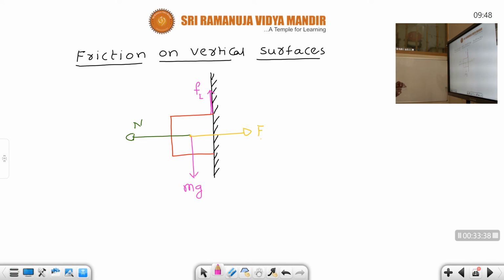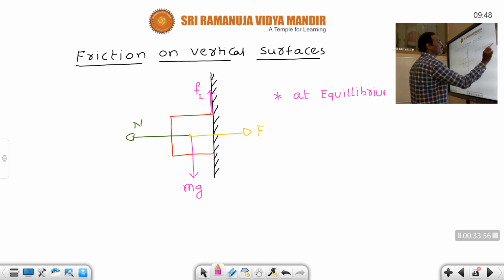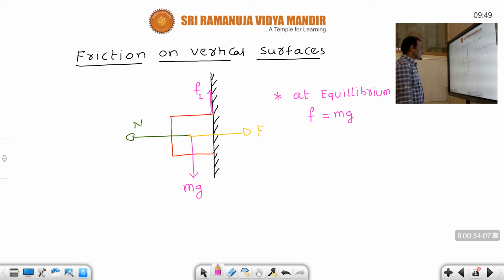Whenever it is under equilibrium, they will ask what is the minimum amount of force required to keep the body in equilibrium. At equilibrium, with limiting friction, the friction force F is equal to mg.